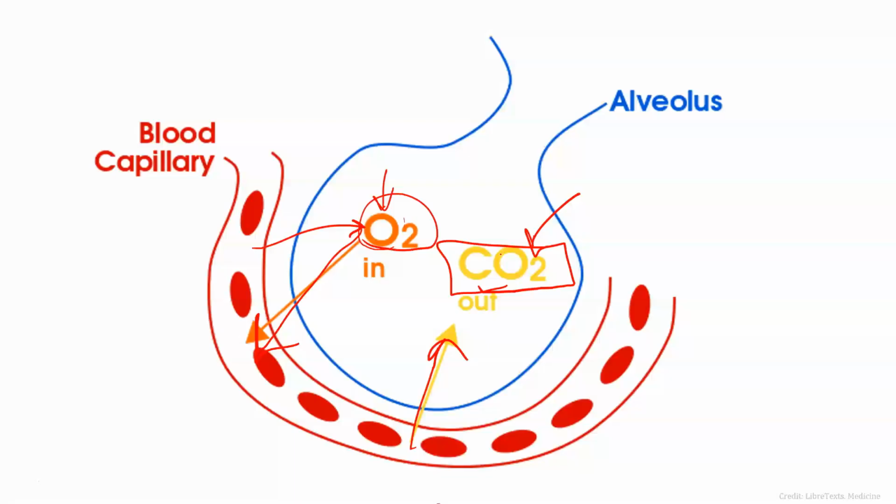Your cells take those nutrients from your blood, from your digestive tract, they use them to make energy, and in the process, those energy molecules are broken down into their tiniest bits, and much of the molecules are expired in CO2.